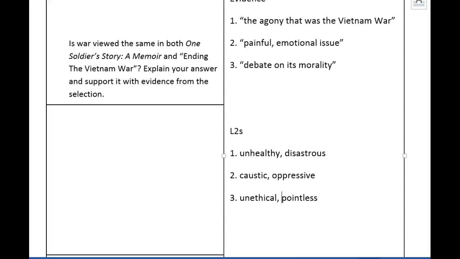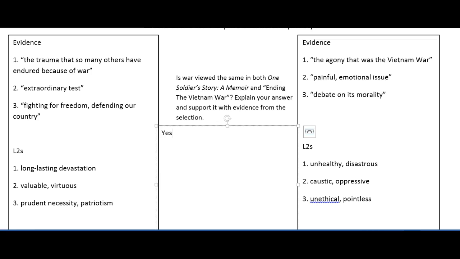Okay, so let's move to thinking about possible answers. We essentially have two possible answers. The first possible answer is yes, war is viewed in the same way. We know that in the second piece, in the expository article, war had a negative connotation for sure. There were no positive aspects of the war mentioned, so we know that that's negative.